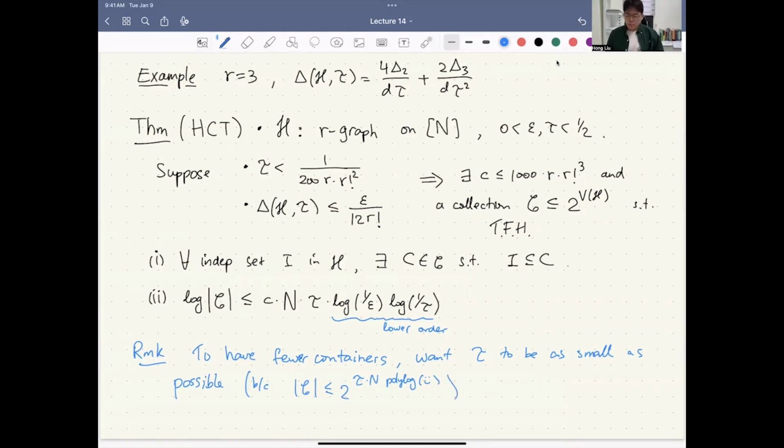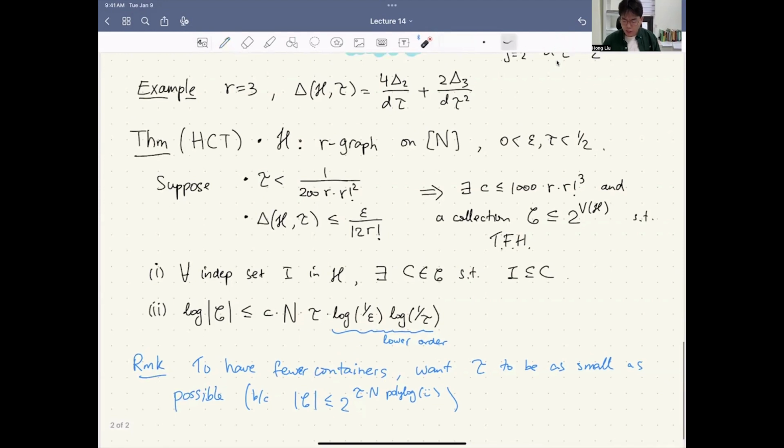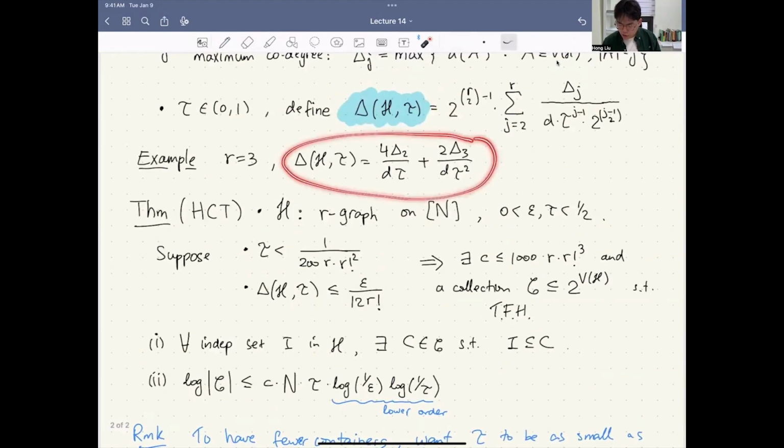Right. But that doesn't mean that we can take tau to be as small as we want, because of this constraint here on the codegree. We want the codegree to be not too large. For example, if you look at the 3-uniform case, you want these to be bounded by some absolute constant, 0.01, for example. That puts a lower bound on tau. If we can compute the codegree, that puts a lower bound on tau.